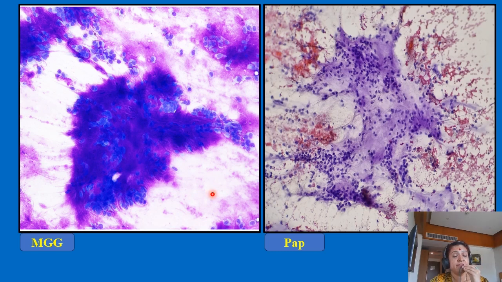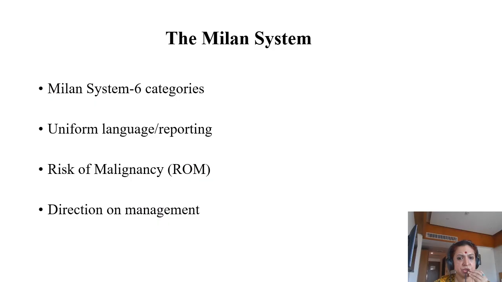Especially if you are coming across a tumor with scanty matrix in the Pap stain, you may not be able to pick that up. But the MGG stain is so colorful that it gets highlighted. So the importance of doing both the stains in salivary gland tumors.